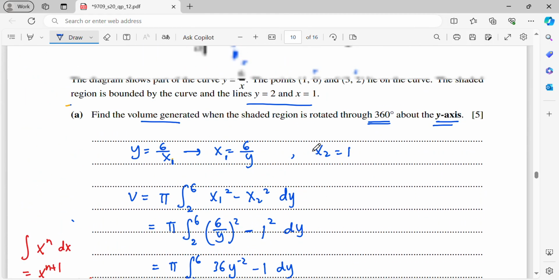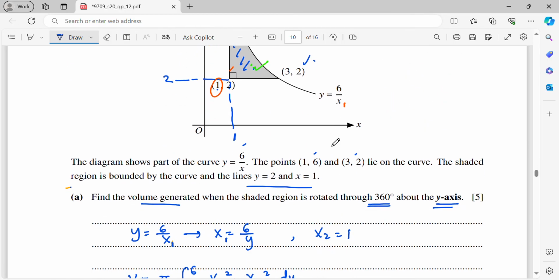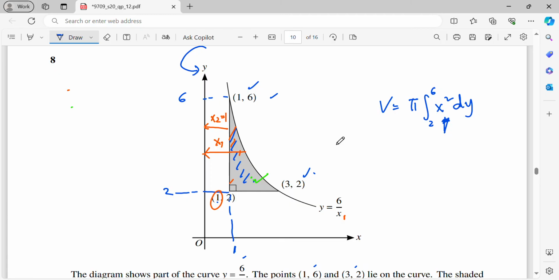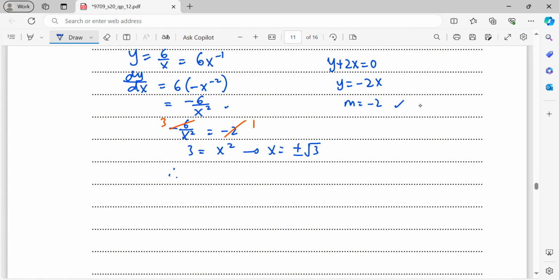So from here, from the graph, you are given that this graph is on the right side of the 0. That means we will just take the positive x. So therefore your x is square root 3.